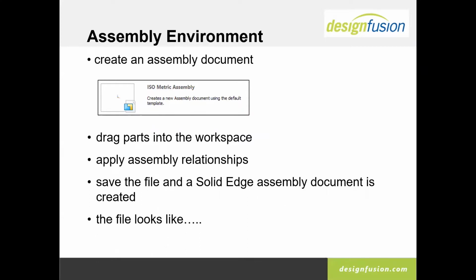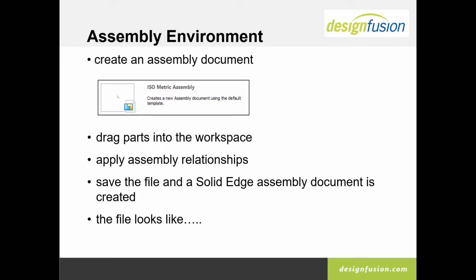We start creating from the bottom up. We start by launching our assembly template. Whatever standard you're using, choose to use the isometric template here. We drag the parts into the workspace from our parts library, and then we apply assembly relationships to connect these parts.